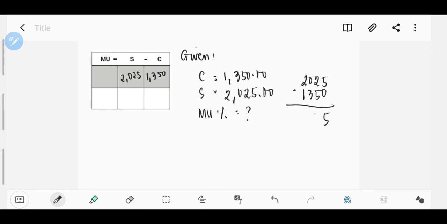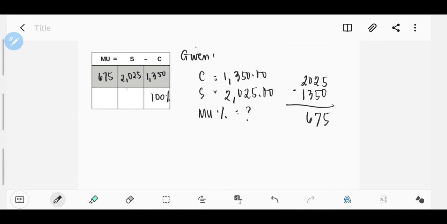Which gives us 675. So, 675 yung markup. Laging tatandaan, the cost is always 100%.